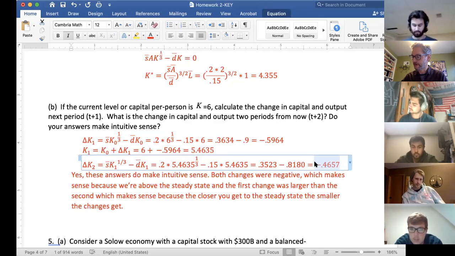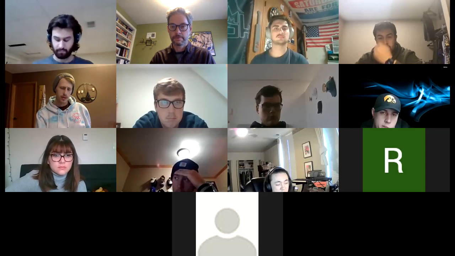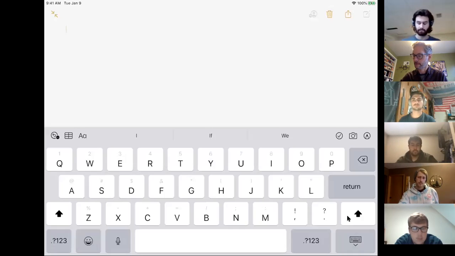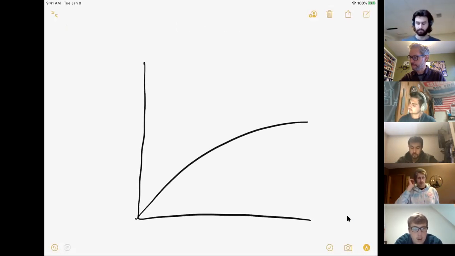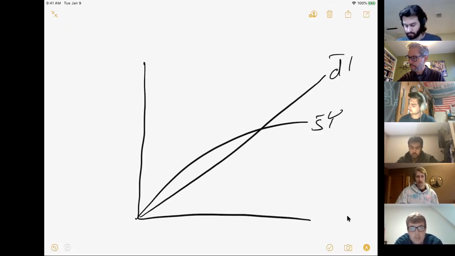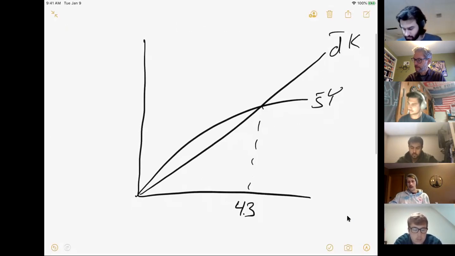Does this answer make sense? Yeah. Right, let me just do a little Solow diagram here. So here's our Solow diagram. And so in part A, we calculated that the steady state here is roughly 4.3.